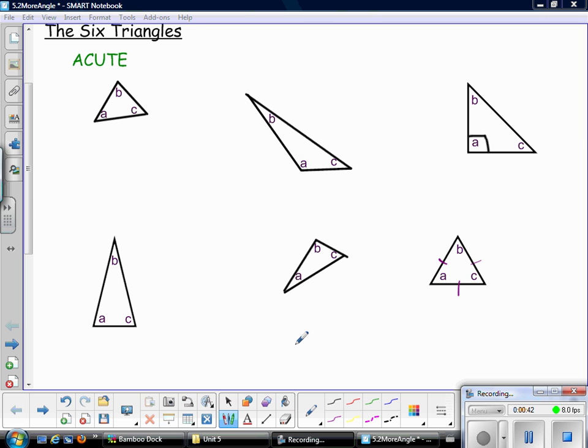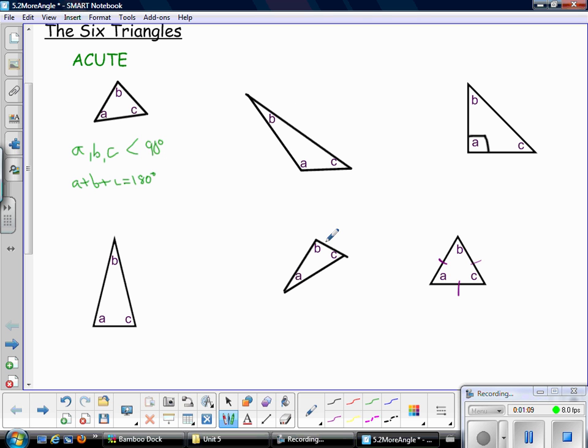So it means that A, B, and C are less than 90 degrees. We also know that if we add those angles together, they have to equal 180, but we'll work on that again too. So that's one thing that we know.